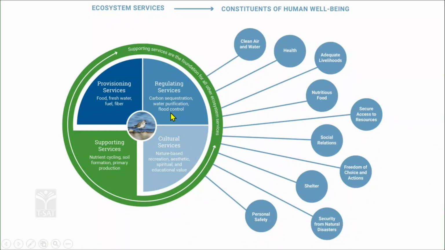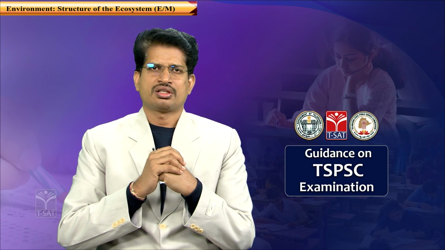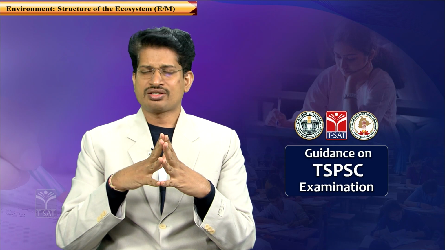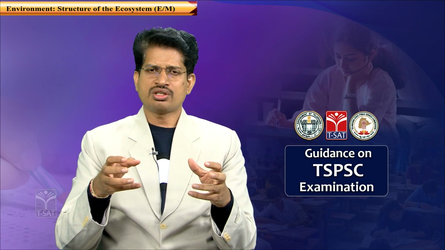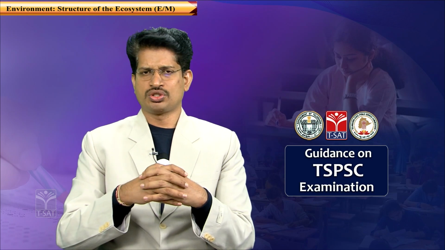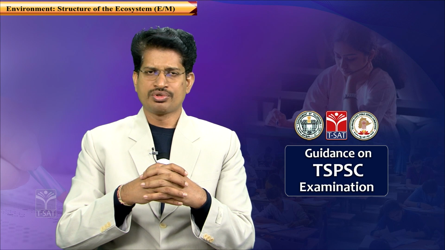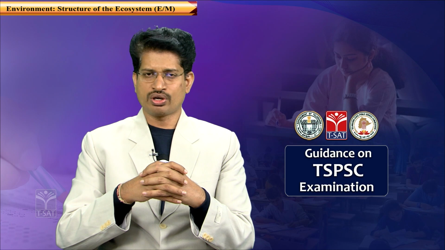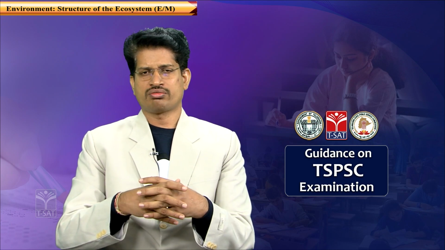Next, water purification and flood control. In the case of flood control, for example, the forests in the higher elevated regions act as a sponge to store water because of the existence of roots of the vegetation in the soil in the higher catchment region. This helps in percolation of water vertically down rather than surface runoff because of the pore spaces provided by the roots of the vegetation.